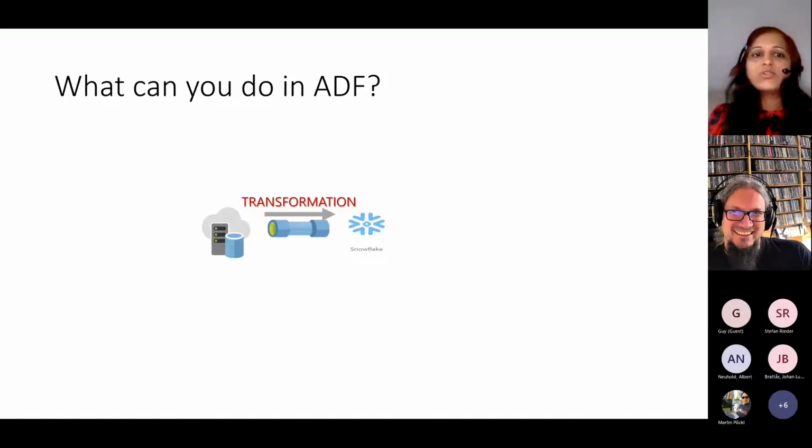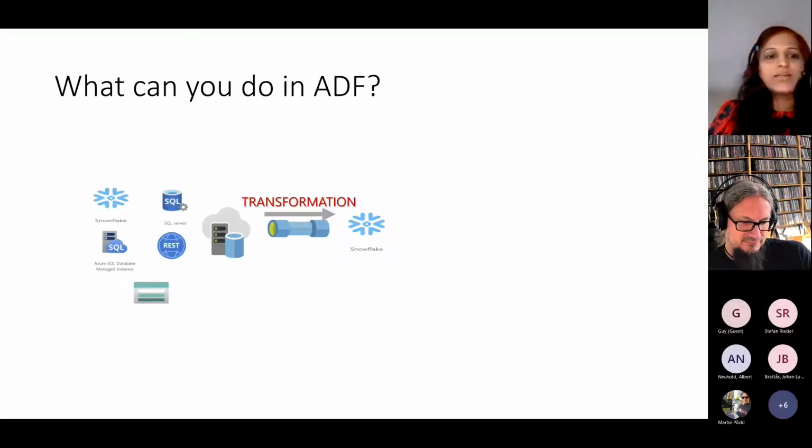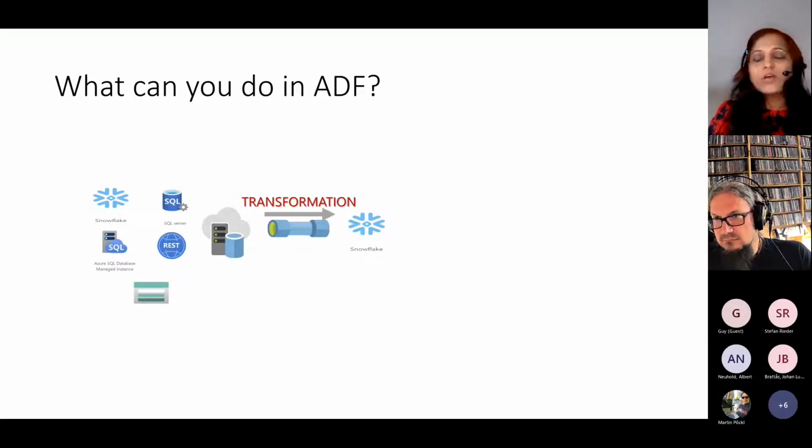So yes, you can use different data sources as well. You select your data source. For example, it can be a SQL Server, an on-premises server, or Snowflake, or an Azure SQL database, or something like that. Then you apply some transformation. Here you can join two data sources. You can apply some calculation. You can add a new column, like a derived column.